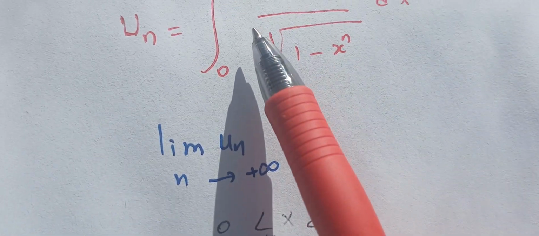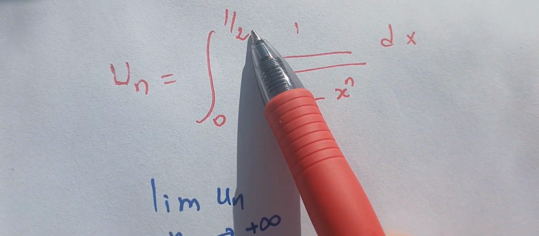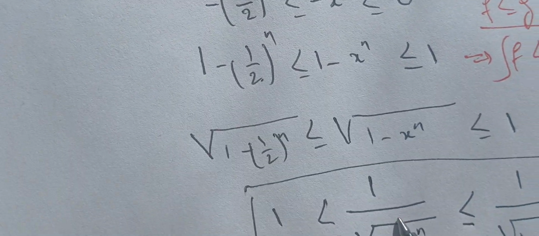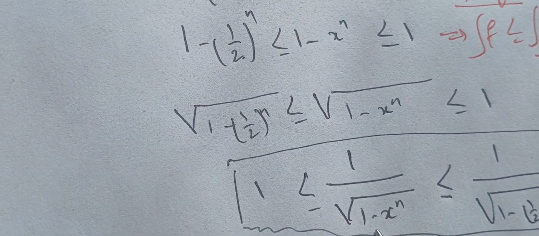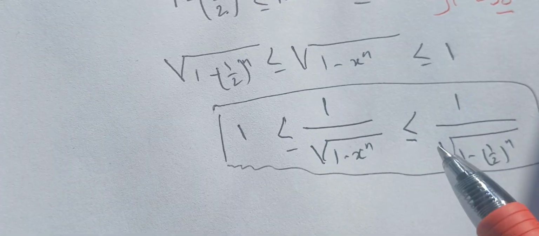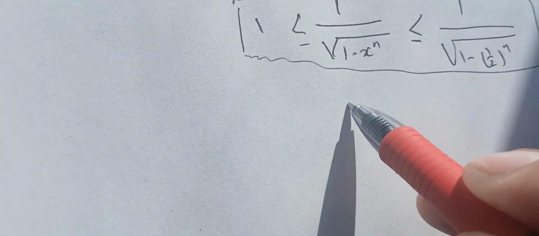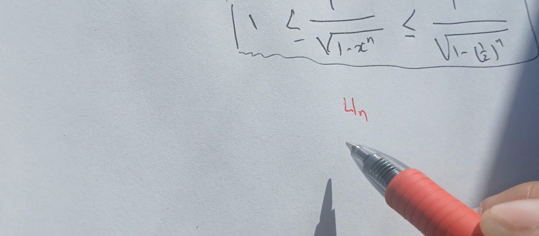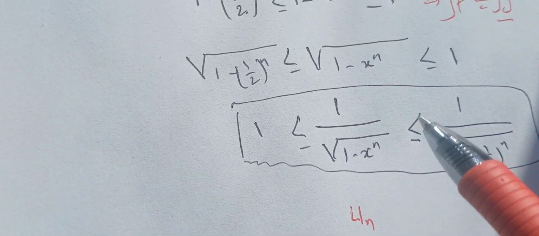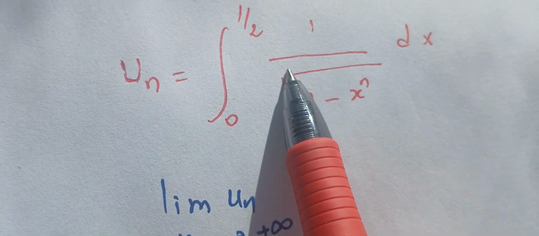We are integrating between 0 and 1/2. Once we do that, in the middle we're going to have our u sub n, our original sequence.